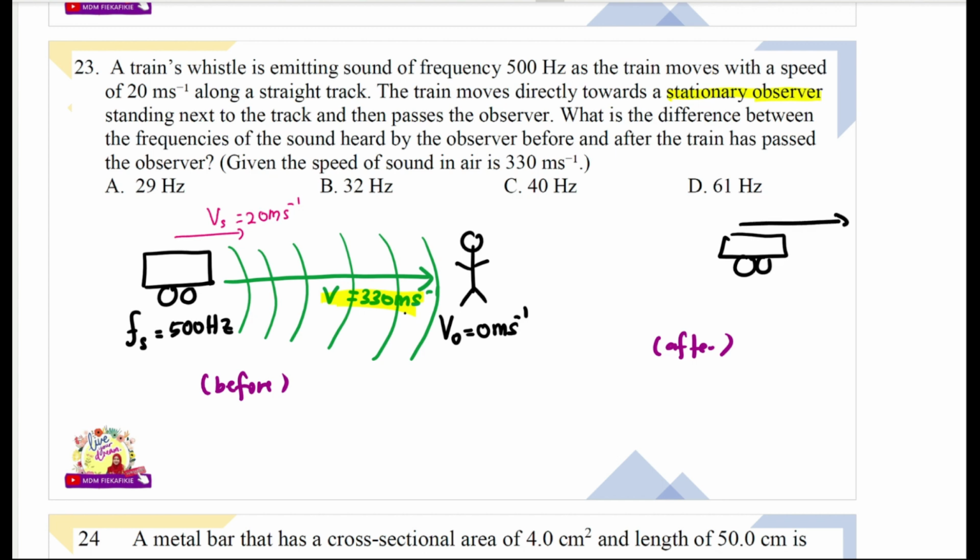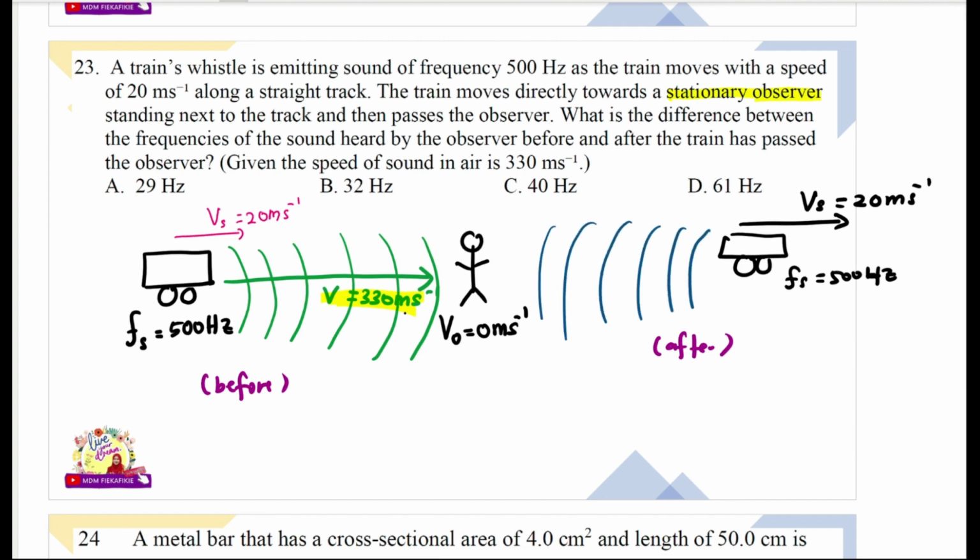Dia bergerak ke sini. Vs dia adalah 20 meter per second. Okay, they still emit sound 500 Hz. Okay, but at this situation, the sound wave is travelling towards the observer. Direction dia ke mana? Direction dia ke sini.